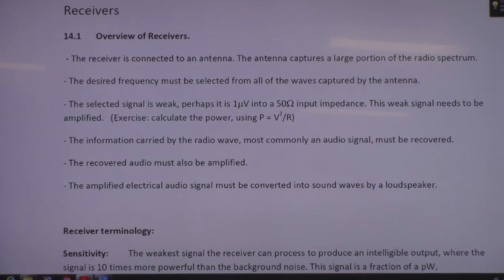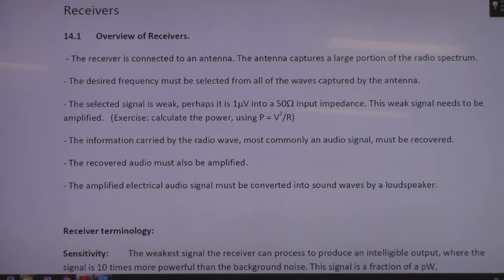So the antenna alone is not capable of separating signals coming from a variety of sources. But you want to make a ham radio contact. Suppose you work a UHF band on 70 centimeters and you point your antenna in a particular direction.